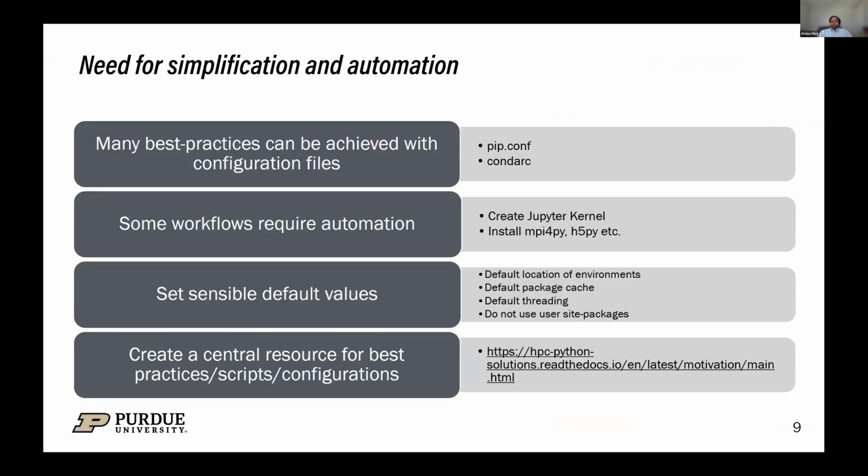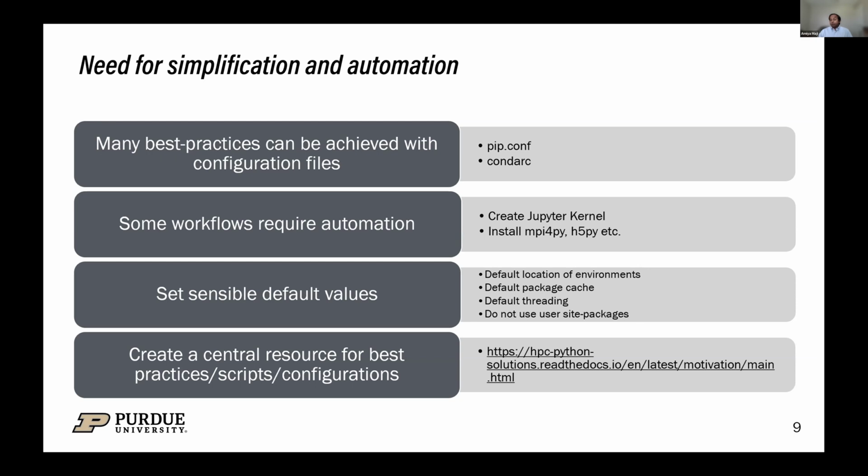And then I already mentioned the need for automation, and we found that a lot of the things that are recommended in these documentations can be simplified either through configuration files or by setting sensible default values, right? So what's the default location for my environments?